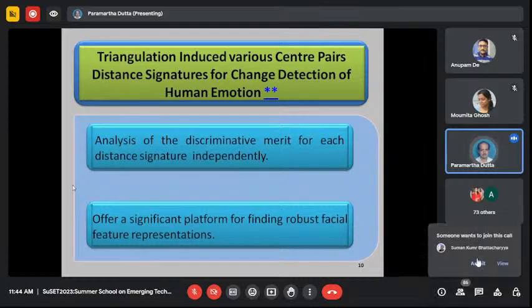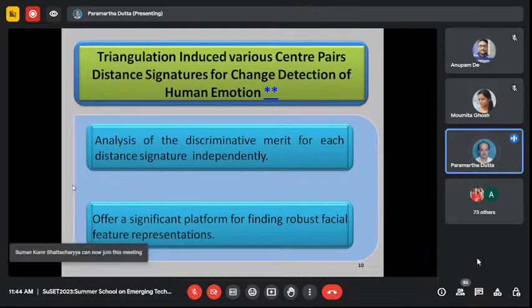This is being used for change detection of human emotion. If there is a change in the emotion, there will be a reflection in the change in the signature characteristic, which is exploited, and accordingly this is classified.